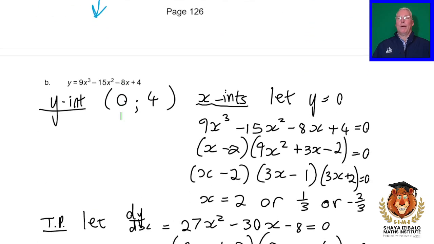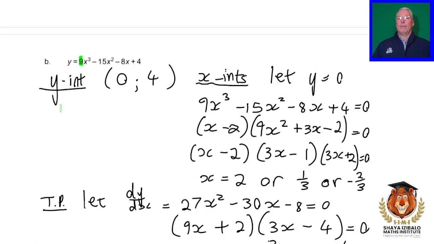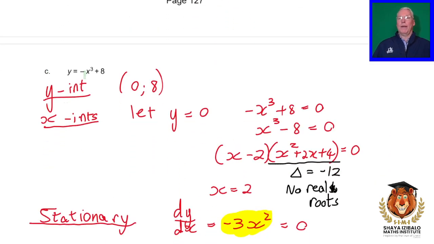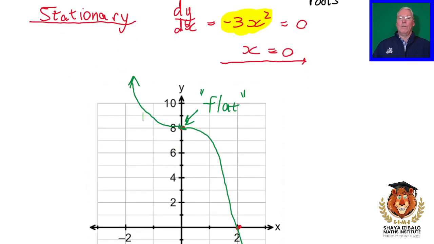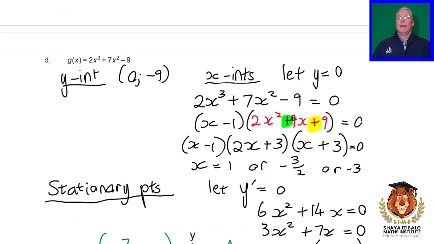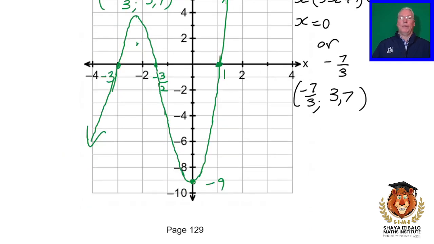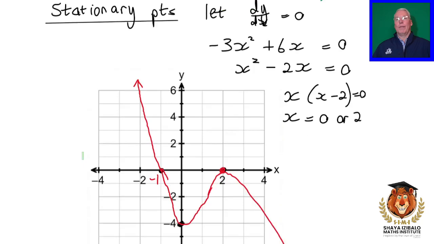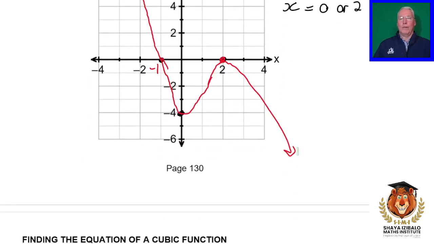Have a look at this one. It's positive. The graph goes uphill first. Have a look at this one. It's negative. The graph goes downhill first. Okay. Have a look at this one. It's positive. The graph goes uphill first. Have a look at the last one we've just done. It's negative. The graph goes downhill first.